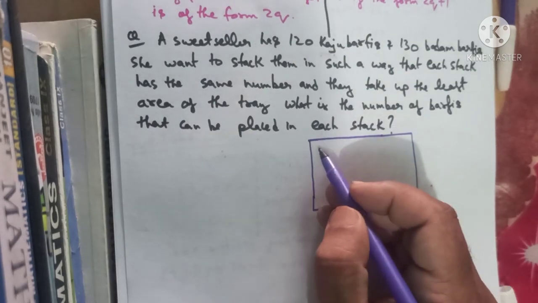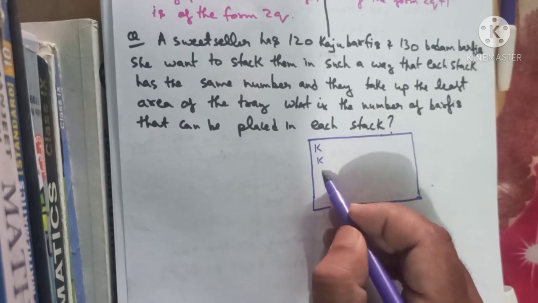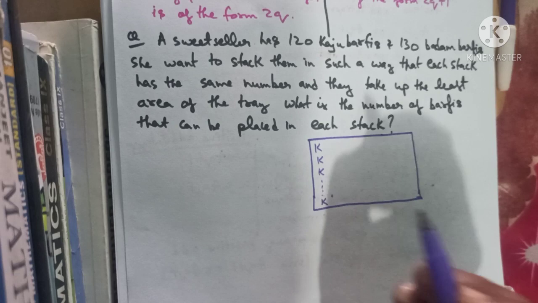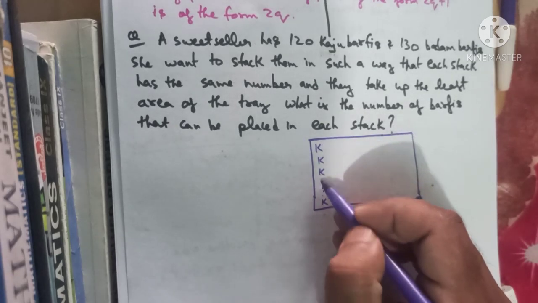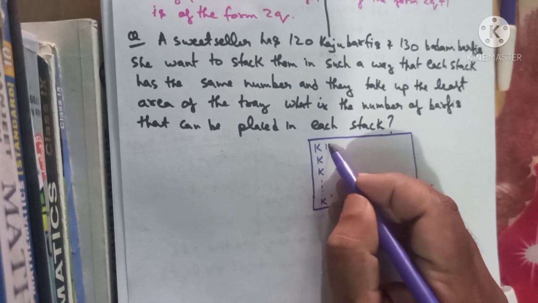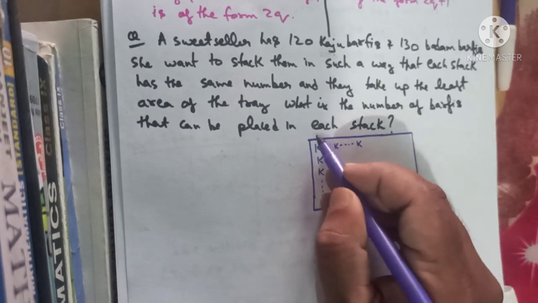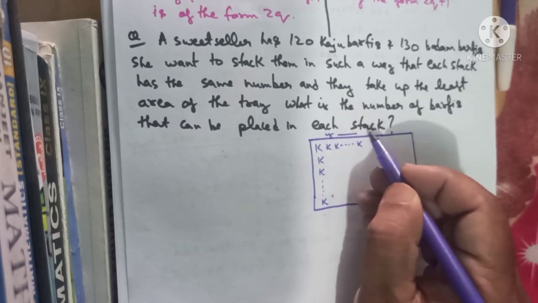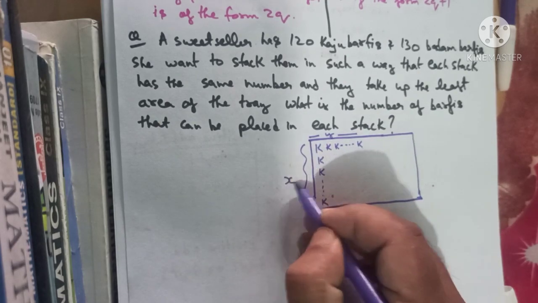Like for example, first she is making a stack of Kaju barfi, another Kaju barfi, another Kaju barfi. This is one row, then another row, then another row. Here she has made y number of rows and x number of columns.